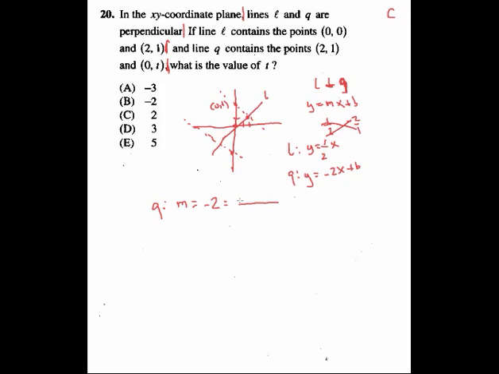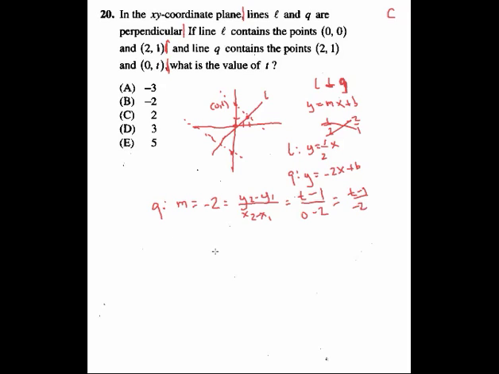Well, you probably remember that the slope of any line is equal to y2 minus y1 over x2 minus x1. And they gave it to us. So we have t minus 1 over 0 minus 2, which equals t minus 1 over negative 2.